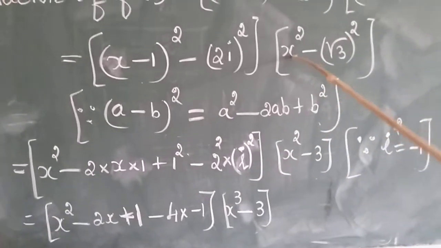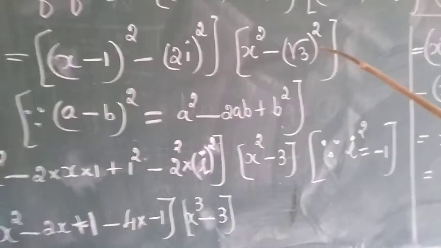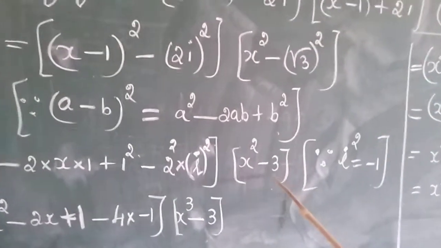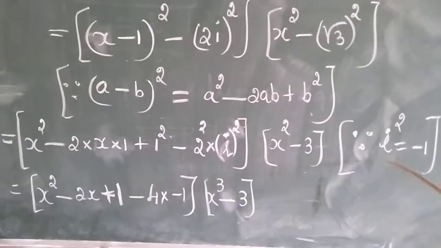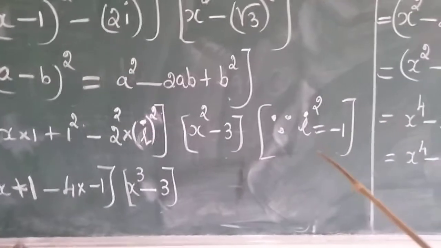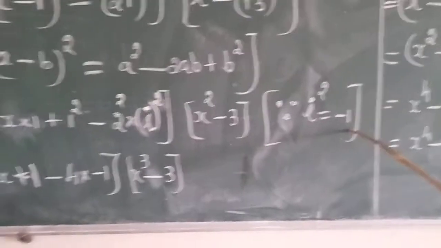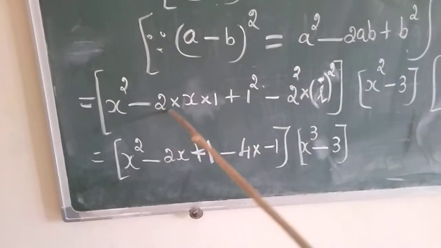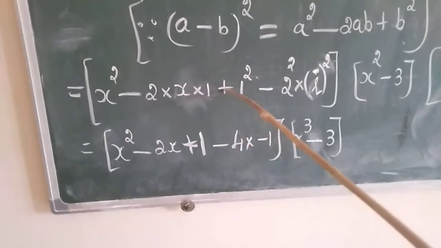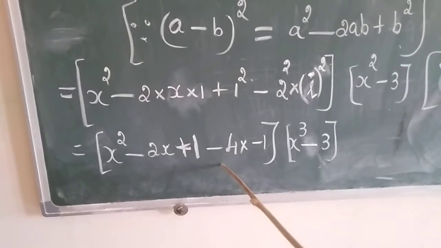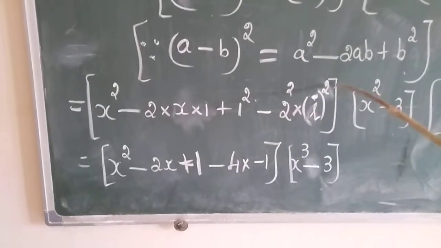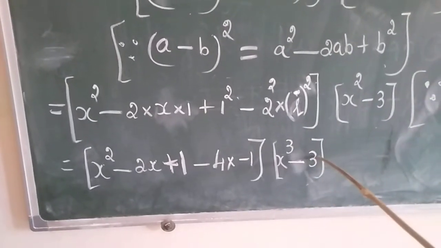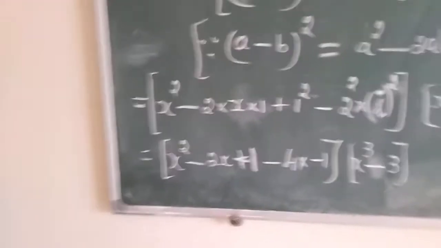Here it is x square minus, when you find the square of the square root, the square and the square root cancel, and the remaining will be 3. Now in the place of i square, we substitute the value minus 1. Now if we substitute, we get x square minus 2 into x into 1, which becomes 2x, plus 1 square is 1, minus 4 into i square, when you substitute minus 1.